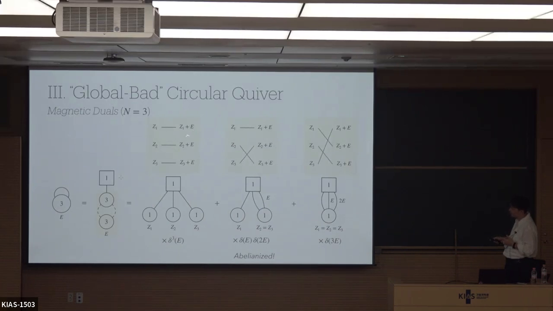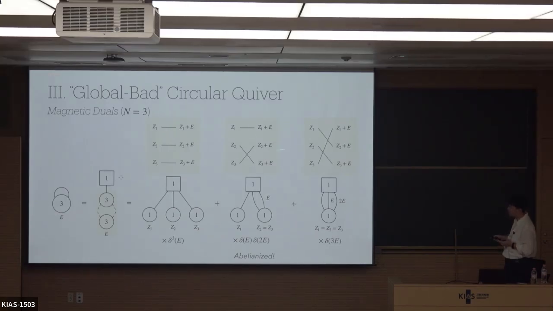In this case, if I identify in this way, we get the condition that E should be 0, right? So we have 3 delta of E. And since we identify G1 with G1, G2 with G2, and so on, in the end we just get 3 copies of U(1) QED. What about the second case?